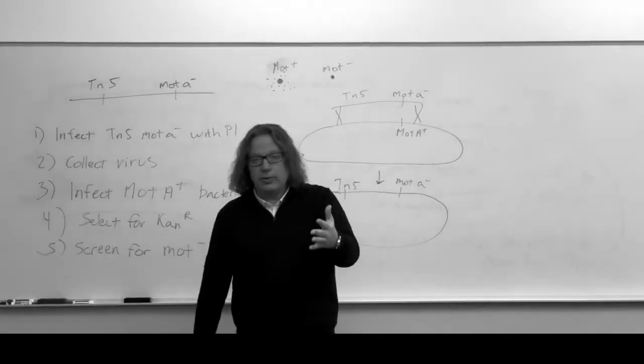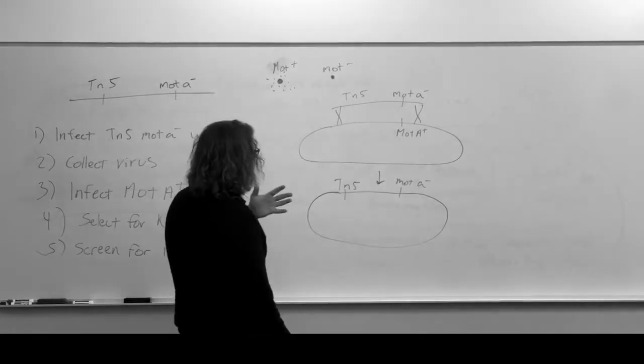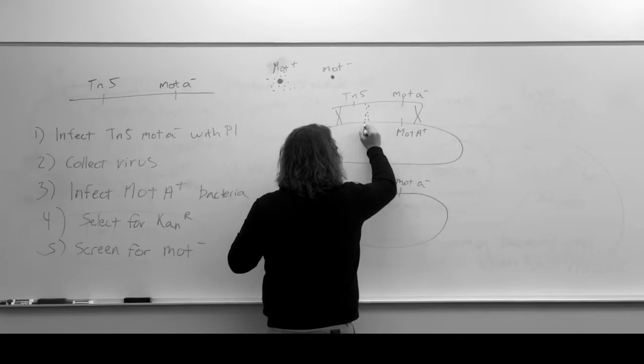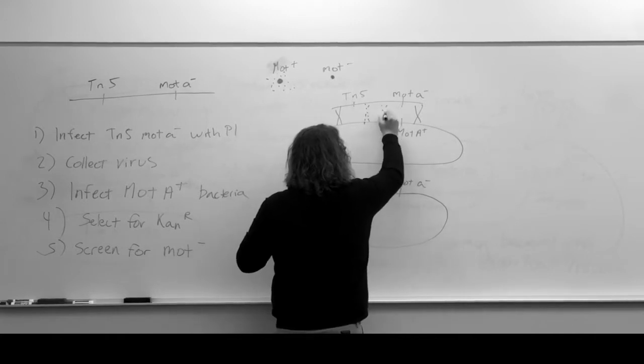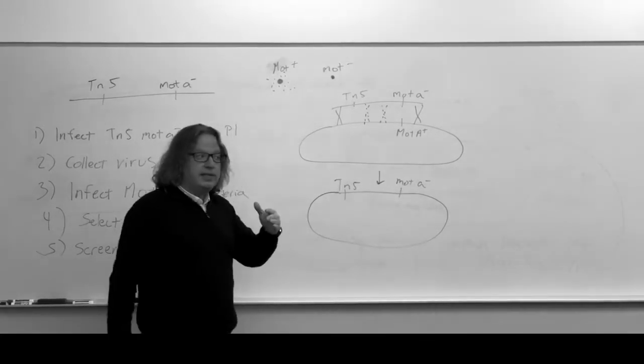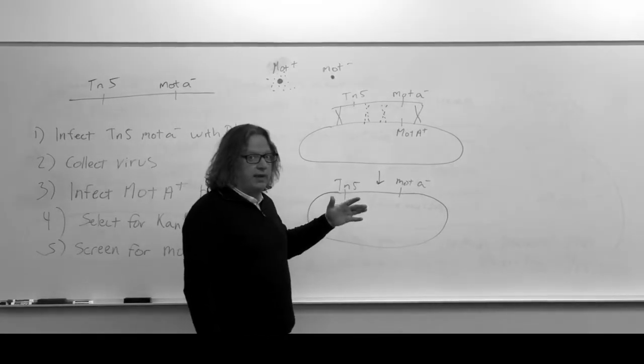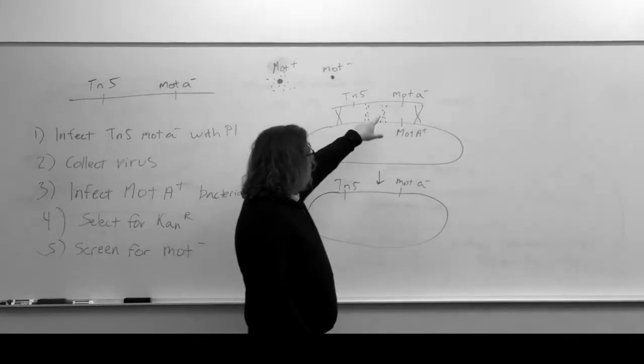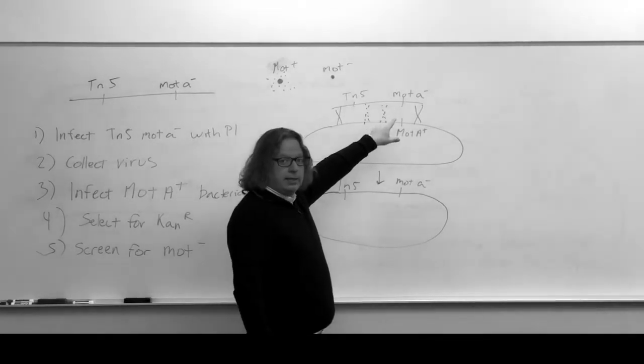So you can have this recombination event. Of course, you can have other recombination events. You can have a recombination event that occurs here, or maybe one that occurs here. In both of these cases, you're actually bringing over TN5, so you're conferring kanamycin resistance on the target cell, but you're not bringing MOT-A minus.